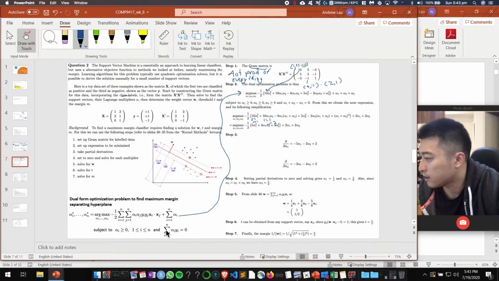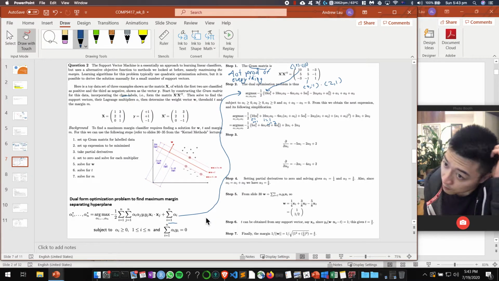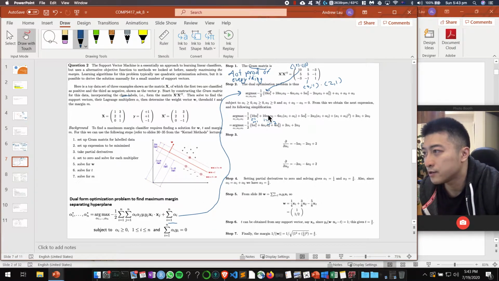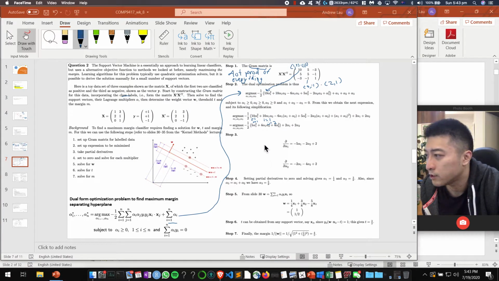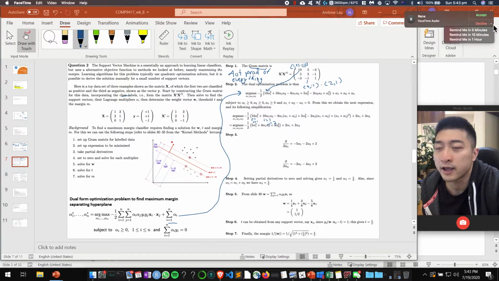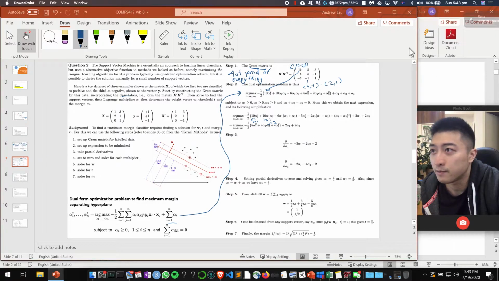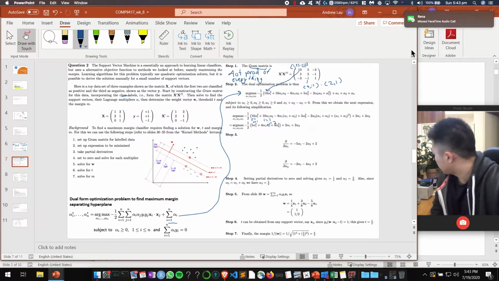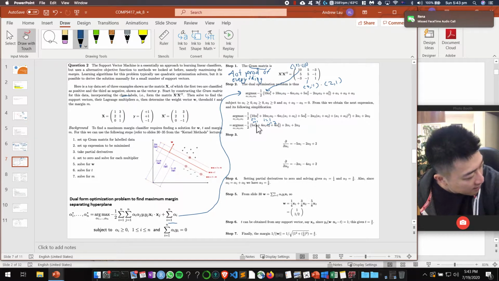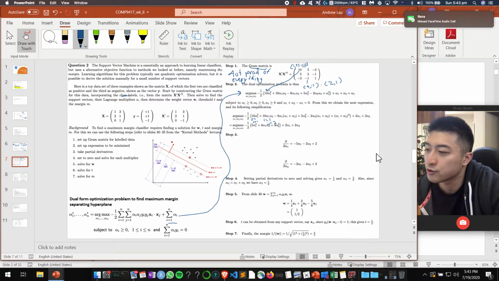Okay, and of course don't forget about the terms at the end, right? So remember, this is the dual form. The goal of this is to find the weights which have your maximum margin. And with our optimization problem, we typically want to take partial derivatives.